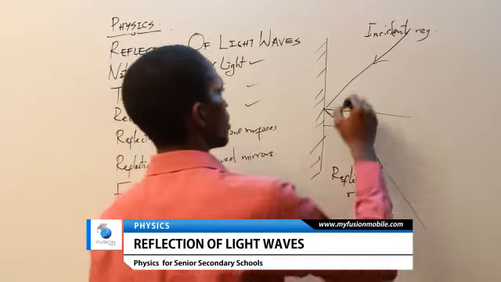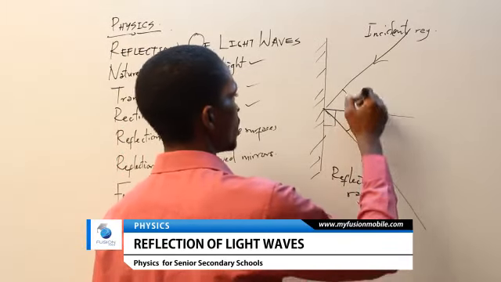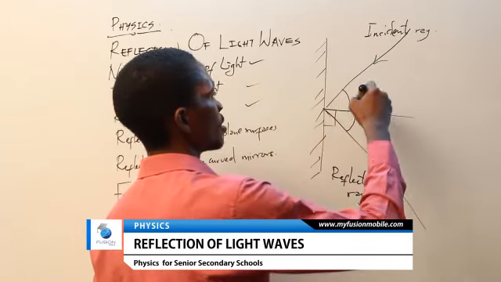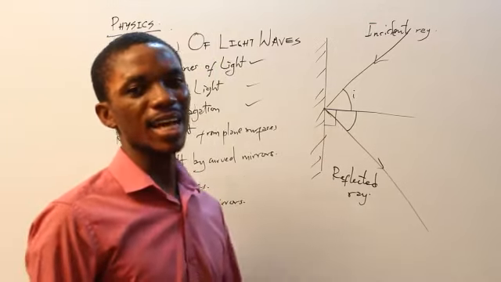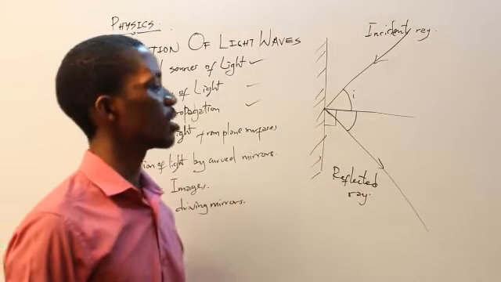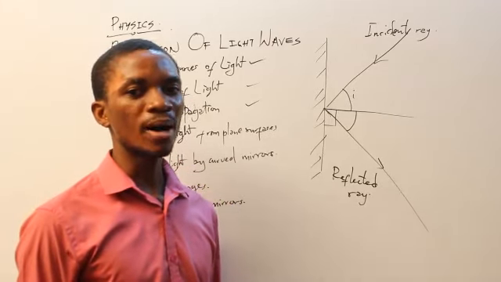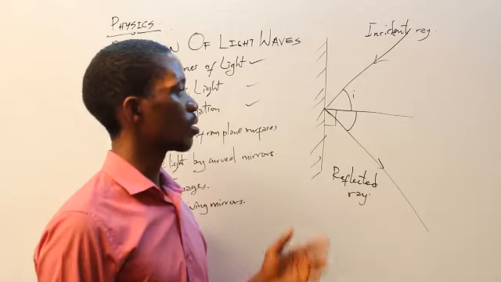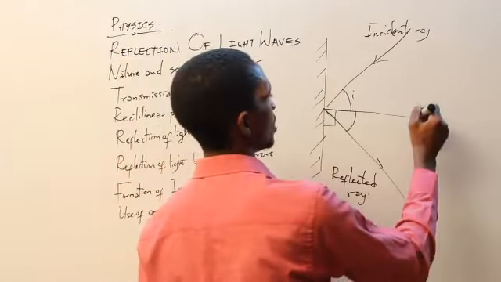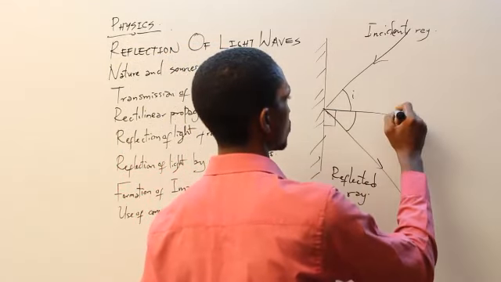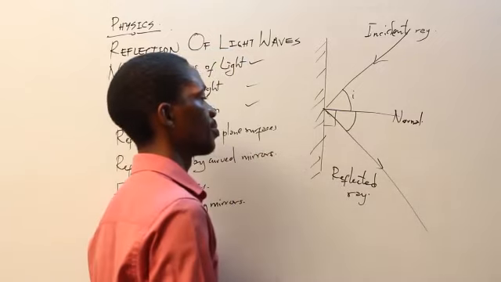Now, there are things to note, and these are angles. The angle of incidence is known as I. What is the angle of incidence? That is the angle that the incident ray makes with the normal to the mirror. This perpendicular line is known as the normal.